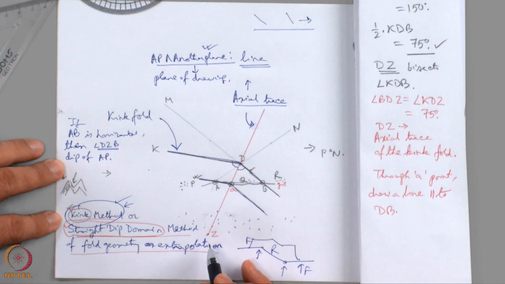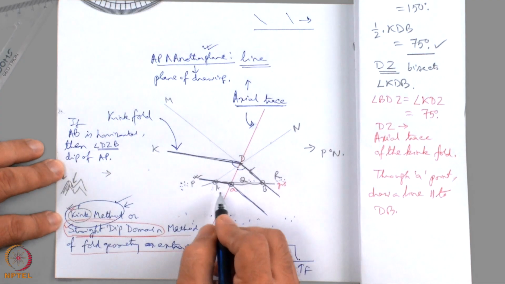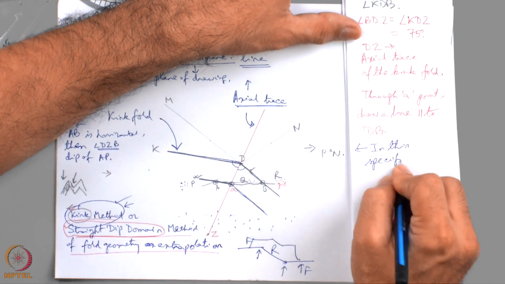In this particular drawing, the dip direction of the axial plane, shown here as an axial trace, is 180 degrees opposite to the dip direction of the lithological contacts.